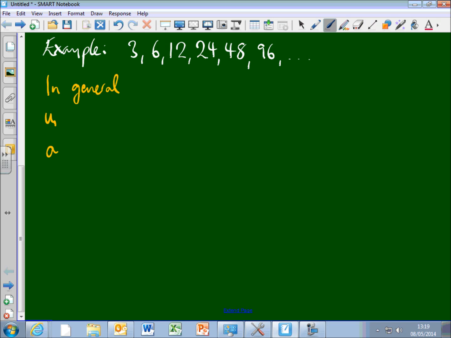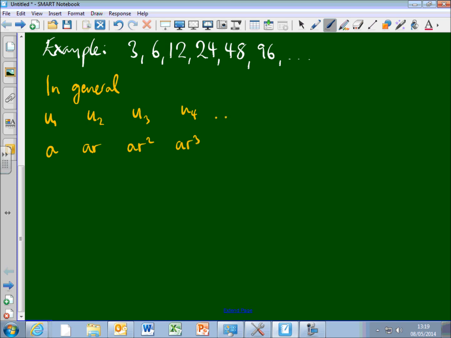The first term U1 is going to be A. How would we write down U2? A times some ratio. Whatever the first term is, I times it by R. What's U3? It's that times by R again, so I'll get AR squared. And then the fourth term in the sequence would be AR cubed.